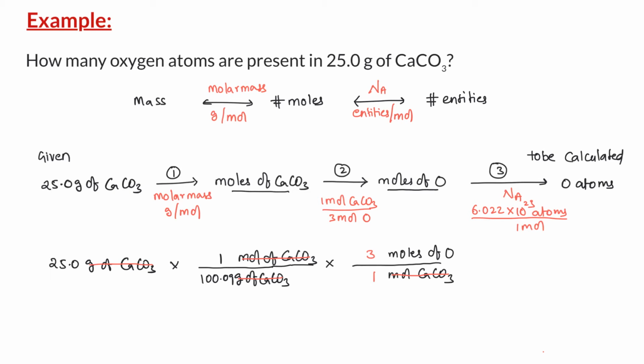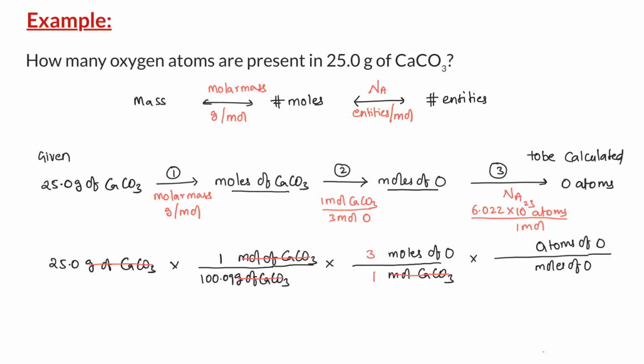Next, we need to convert moles of oxygen into number of oxygen atoms. That means we need to multiply this with a conversion factor that has moles of oxygen in the denominator and oxygen atoms in the numerator.